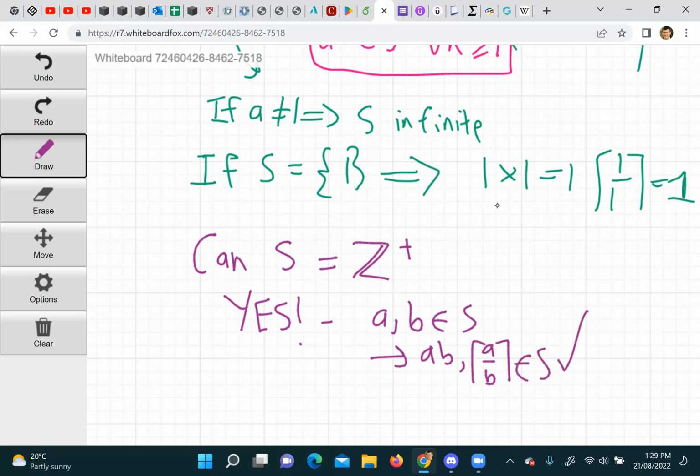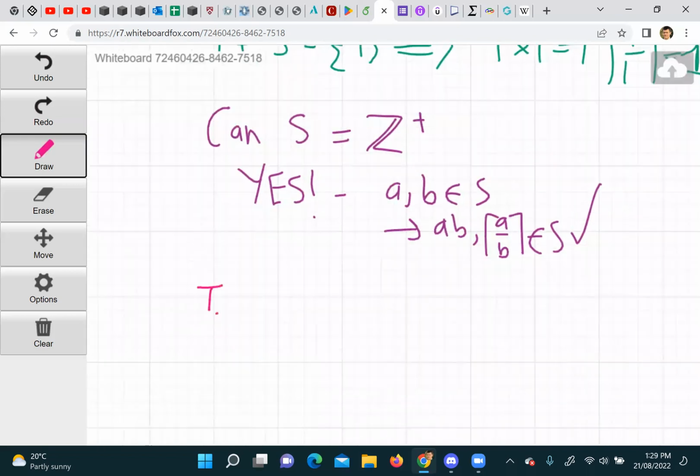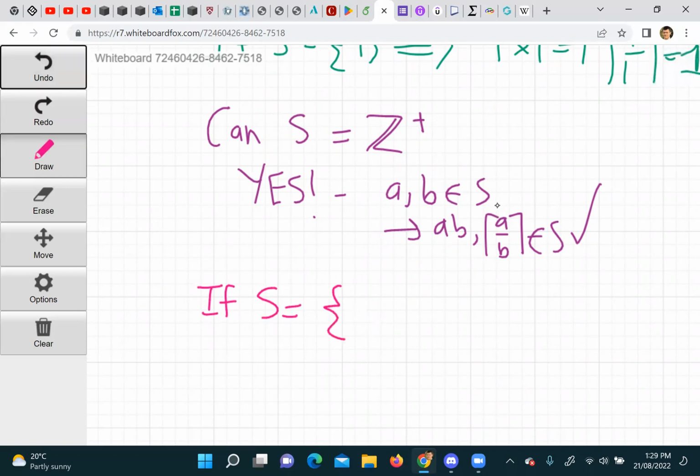So now, what if S is a power of a number? Oh wait, we need 1 as well. Is 1 always in S? Yes, 100%.